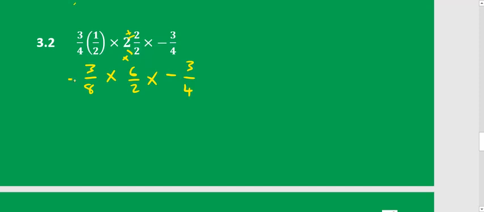So to work this out, we can just multiply through. Remember, we don't even look at the denominators for multiplication, we just multiply. 3 times 6 is 18, and 18 times 3 is 54.